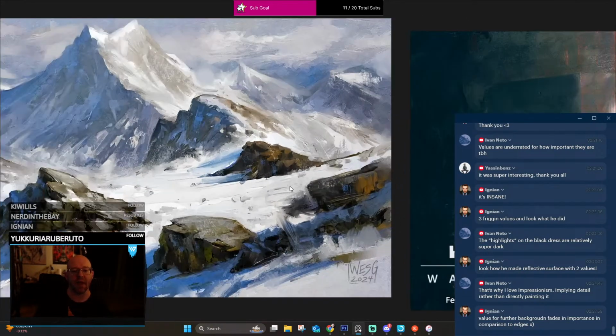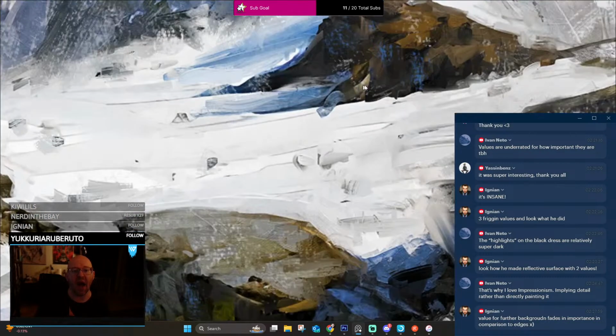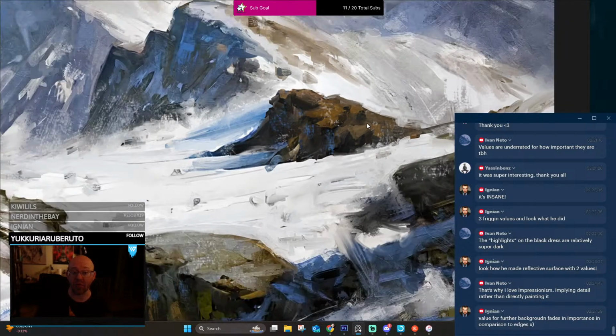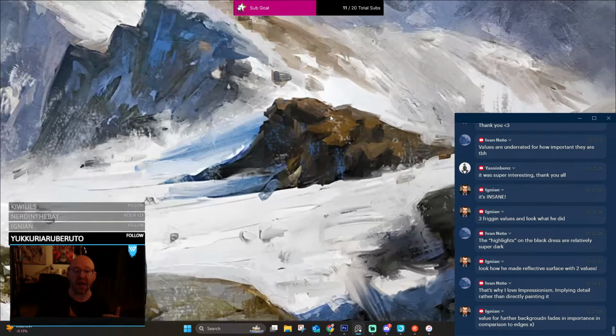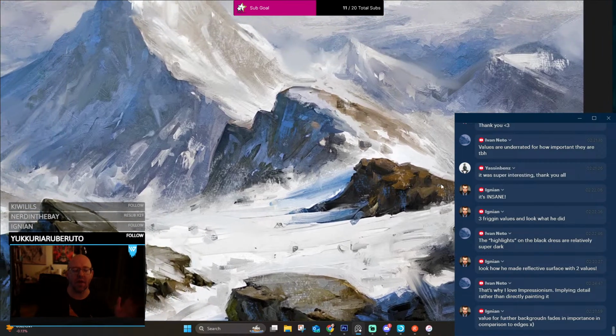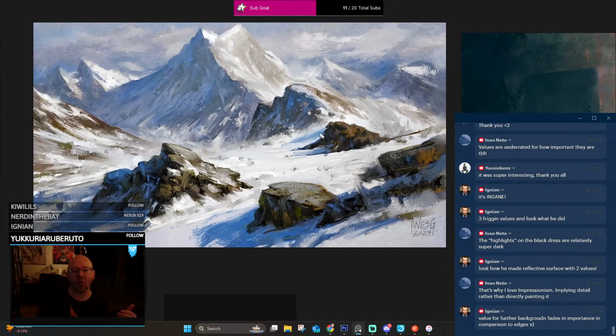Okay, same thing. In fact, one thing I would probably do if I were to revisit this is make this rock structure lighter in value overall, and make the value scale, the distance between it, match closer to this rock, because I think this rock is a little too close.